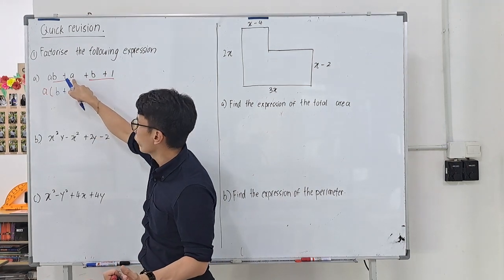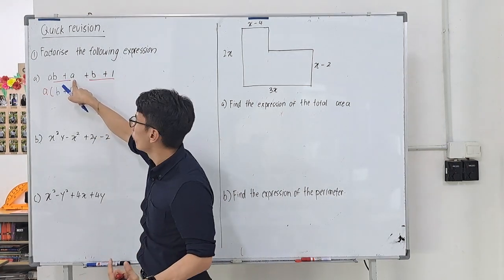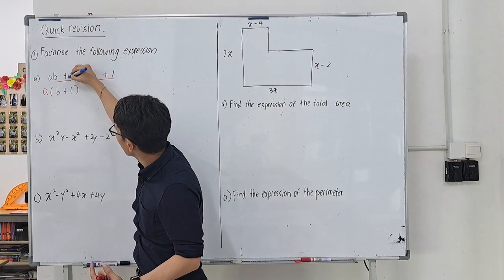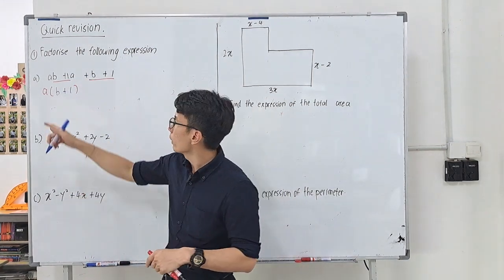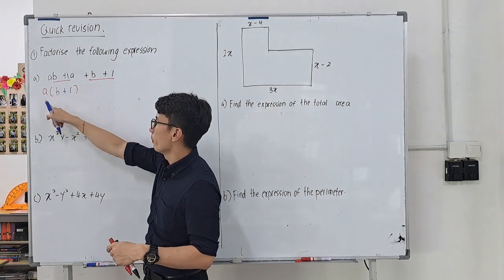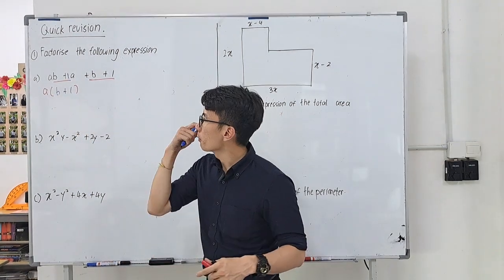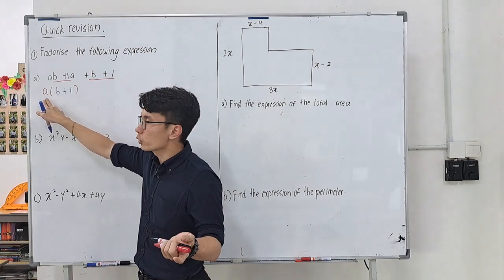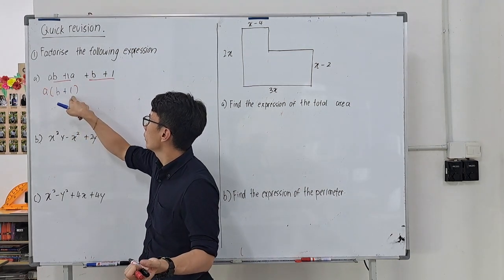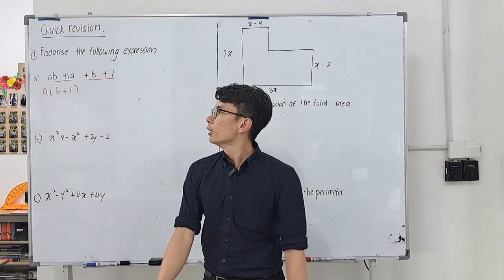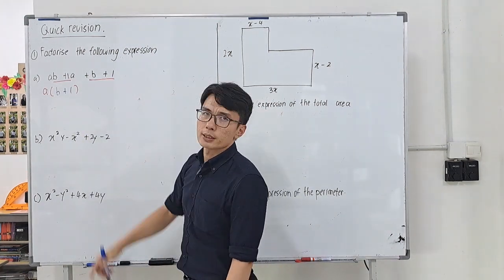Because if an unknown is by itself, there's always a 1 hiding behind it. Do always remember that. So if I take out A over here, what I'm left with is just 1. We can always check this back. A times B gives me AB, A times 1 gives me A. Makes sense?